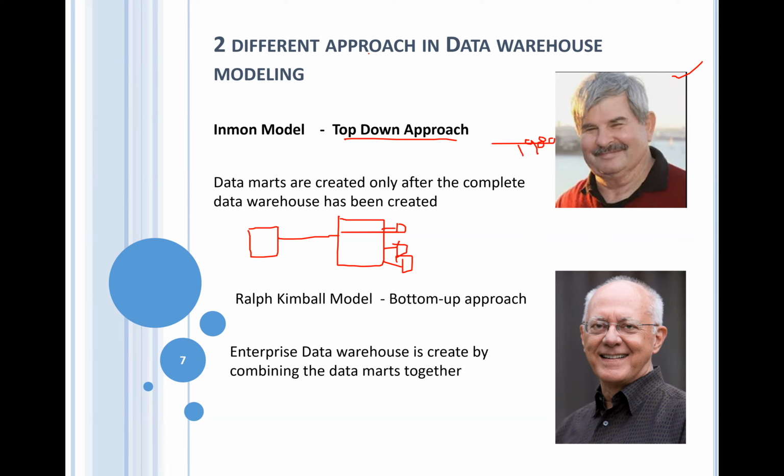After creating the data warehouse, if you are creating the data mart, that is called top-down approach. So first we are creating the data warehouse, and then we are loading into the data mart. We are splitting the data subject-wise, and this approach is called the top-down approach.